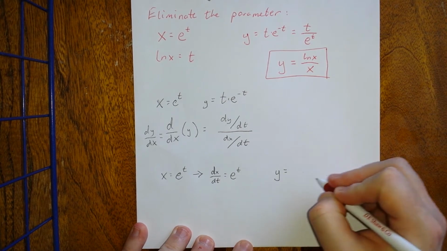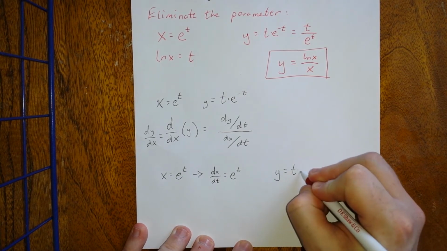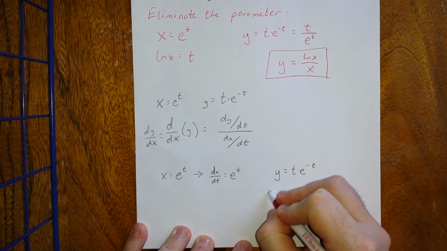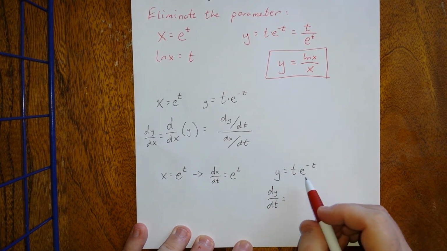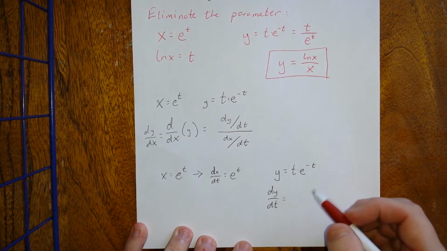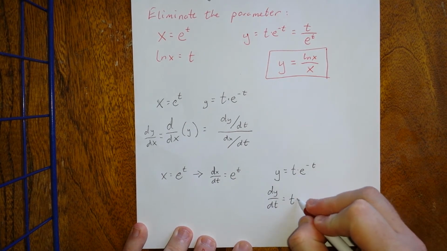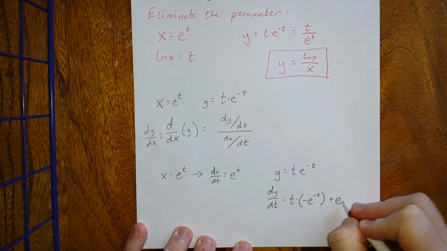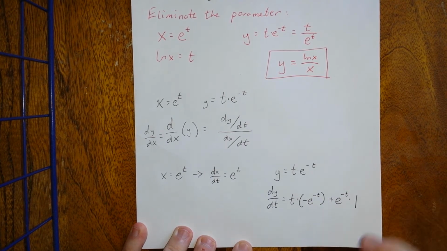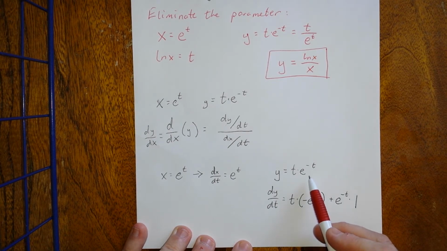Now for our other one, y is equal to t times e to the negative t. This one's going to require a little bit more work because t times e to the negative t is a product of two things. So we're going to do first times derivative of the second plus the second times the derivative of the first. For first times derivative of the second, the extra negative sign comes from the negative exponent on the t and the chain rule.